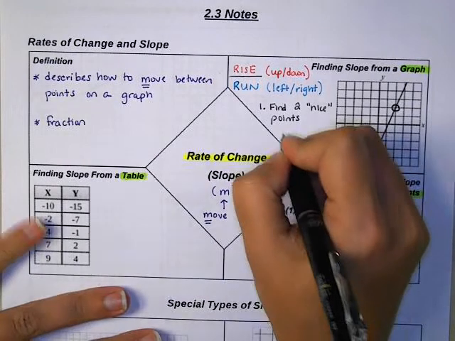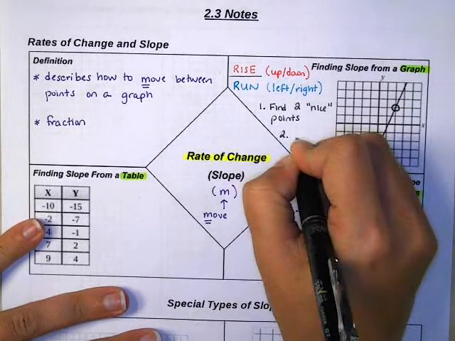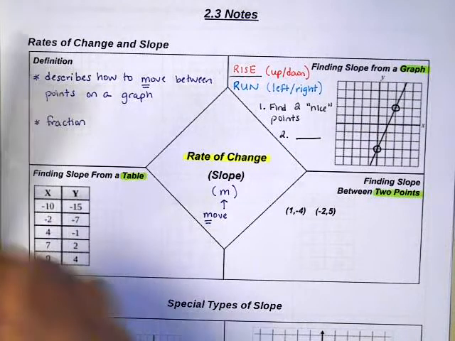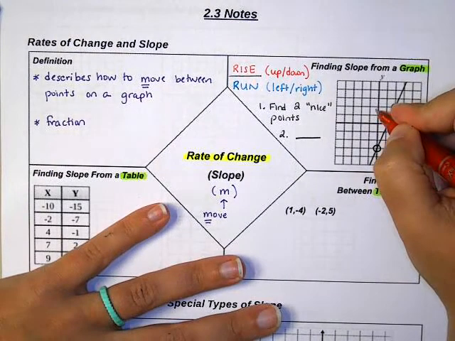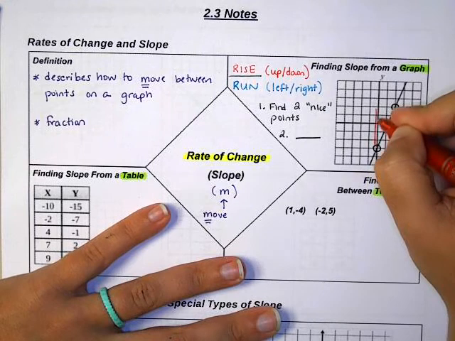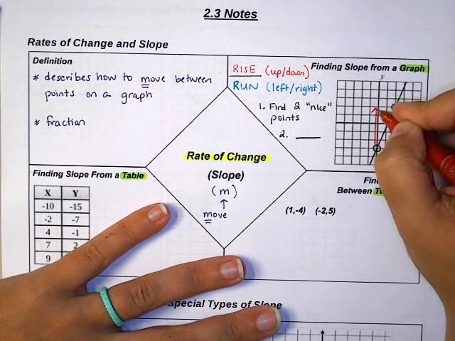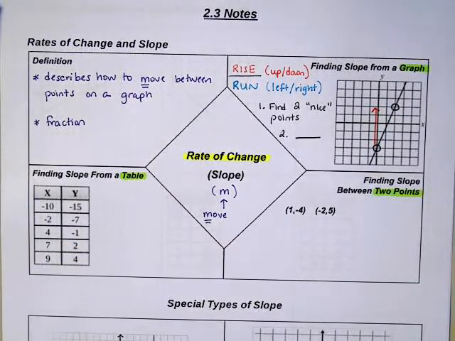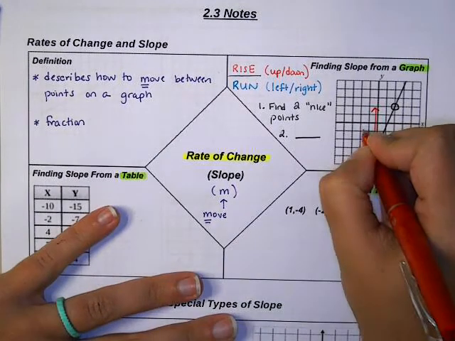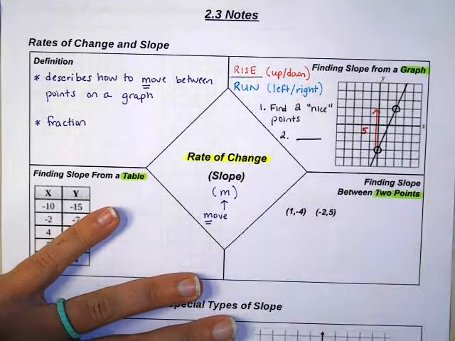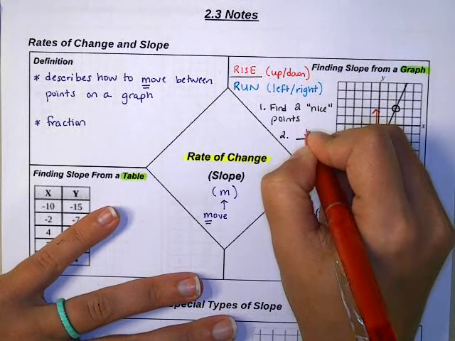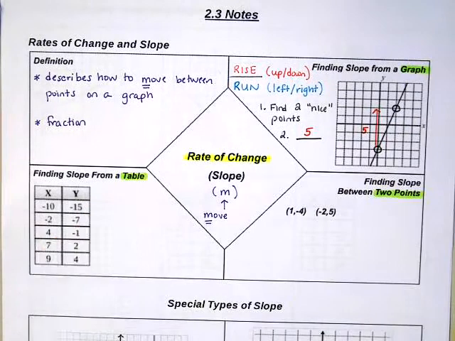After we find our 2 nice points, we're going to make a fraction to find our slope. So I'm going to start from this lower point, and the rise would be how many boxes do I need to count upwards to move to the other point. I would need to rise 5 boxes. So the top number in my fraction would be 5.